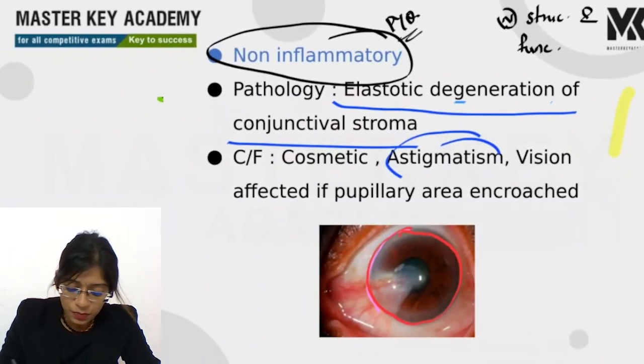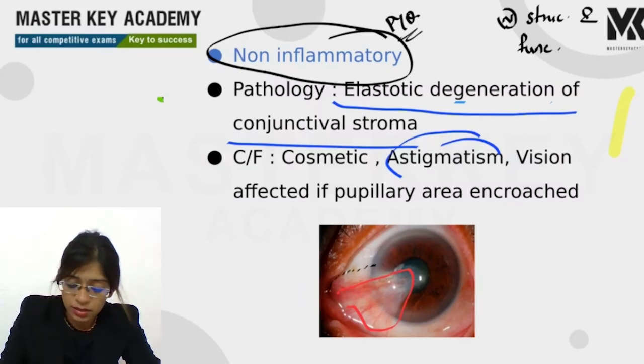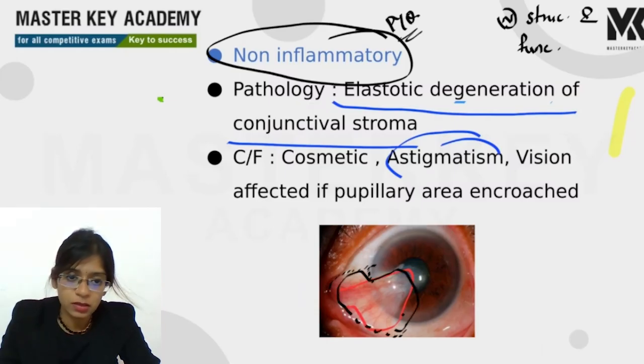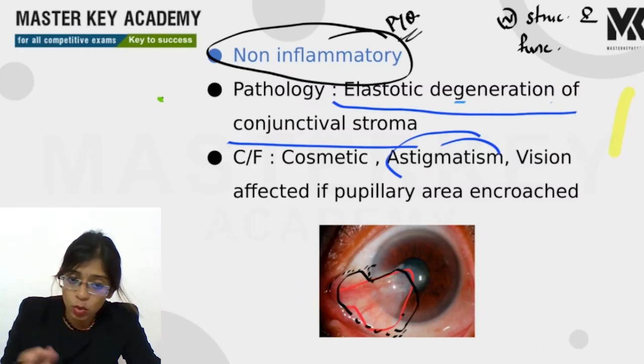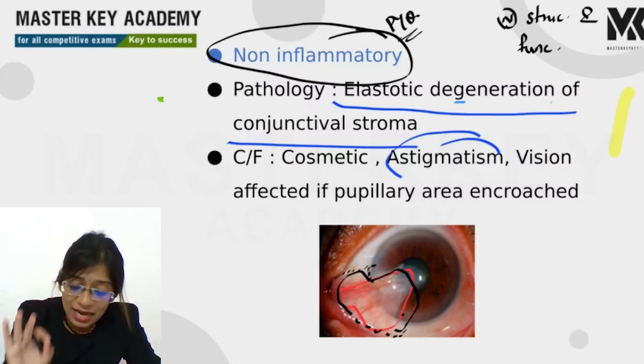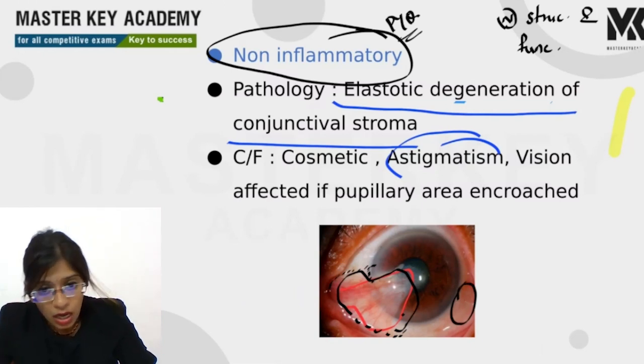Here we remove the pterygium, and we extend a little more area also. Not just the pterygium, we also remove the adjacent normal conjunctival tissue. Once we remove the pterygium and a little bit of extended conjunctiva, we take conjunctiva from the other part of the eye.